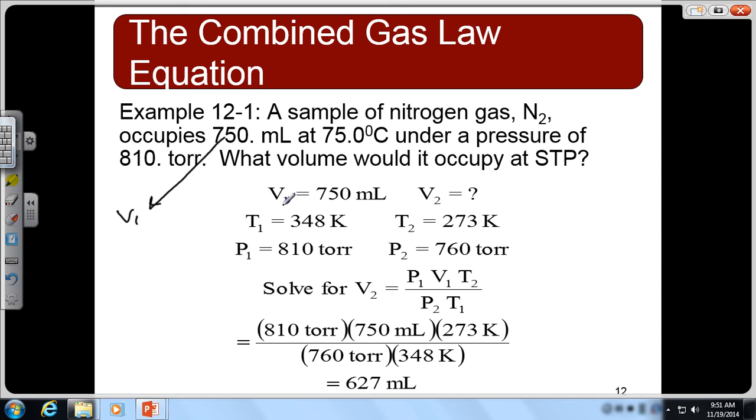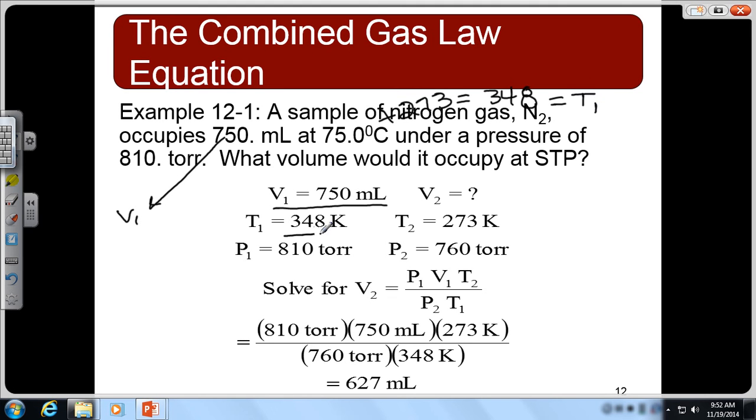I've got it written over here, but I'm just walking you through it. And the temperature initially is 75 degrees C. First thing I've got to do is convert that degrees C to Kelvin, right? So I take plus 273 and I get 348. So that's going to be my T1.